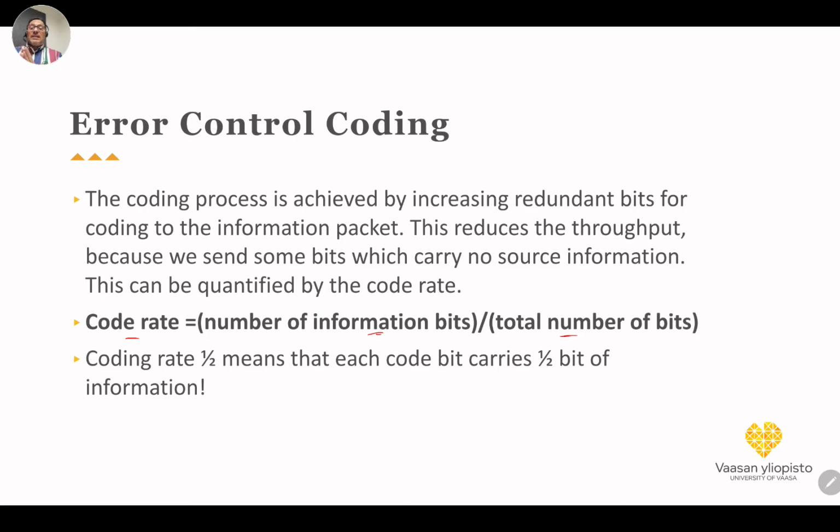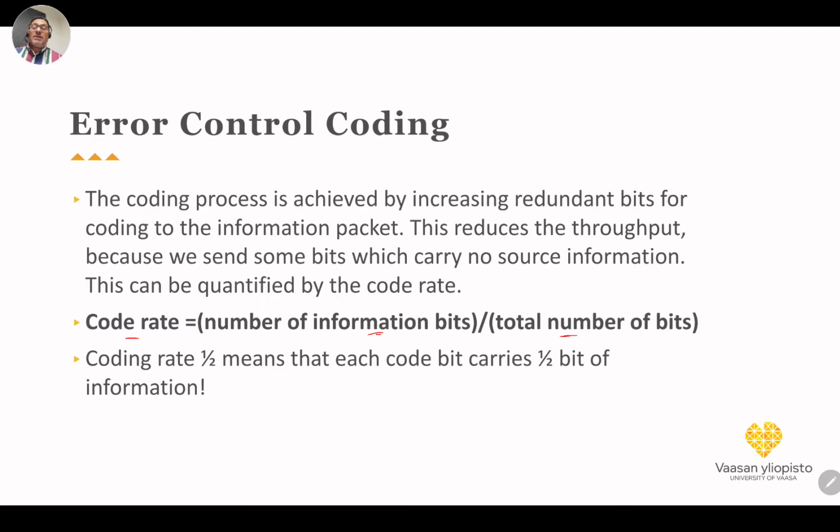As the code rate becomes closer to 0, or much less than 1, it means that more redundant bits have been added to the packet. As it gets closer to 1, it means a high code rate, which means that most of the bits are used for information data.